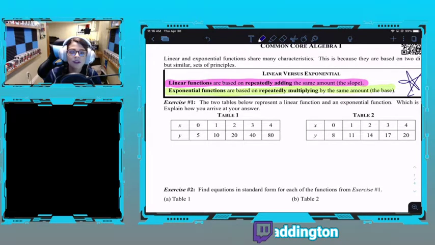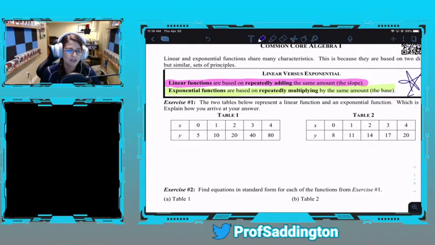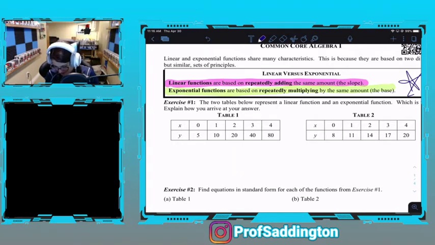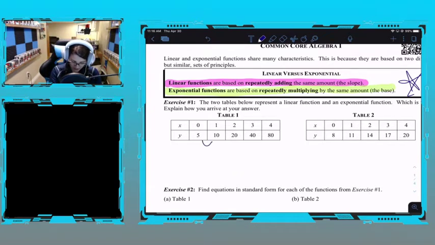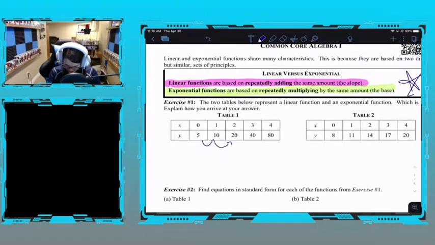Okay. So let's check out these two tables. One of them is going to be linear and one's going to be exponential, and we're going to describe why. As we can see, our x is consistently going up by 1 for both of them, so we just need to analyze the y values. Here we're going up from 5 to 10, and then 10 to 20, and 20 to 40, and 40 to 80.